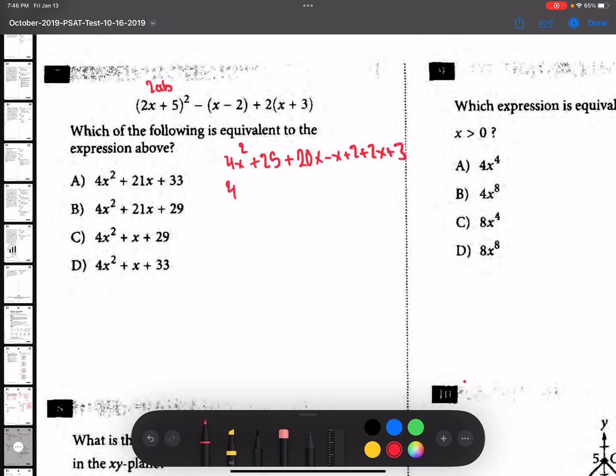So that'll give us 4x squared. We have minus 20x plus 2x. So 19x plus 2x is plus 21x. And then we have 25, 2, and 3. So 25 plus 2, 27. 27 plus 2, so then that's plus 33. Wait. 25 plus 2, 27. Yeah, 33. So that means our answer is A.